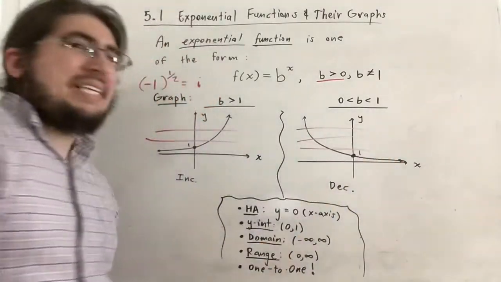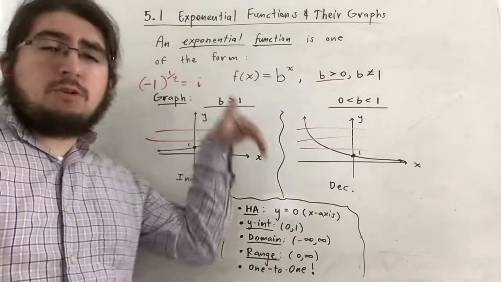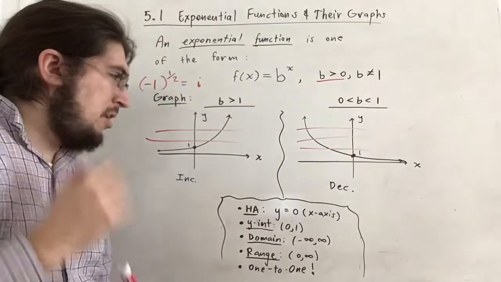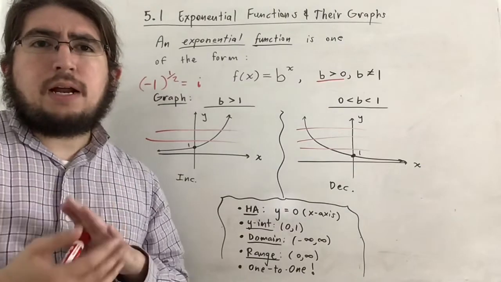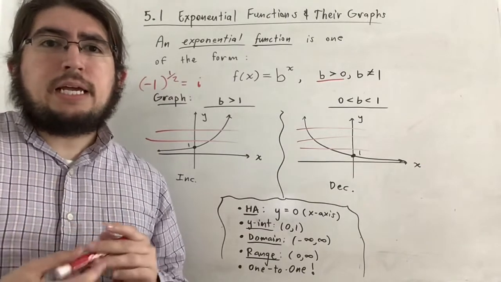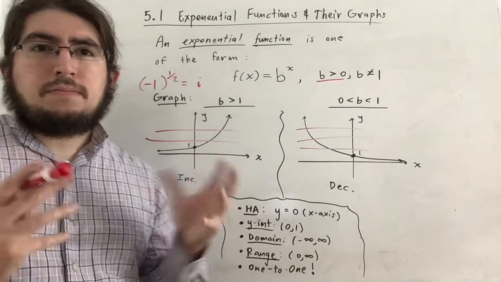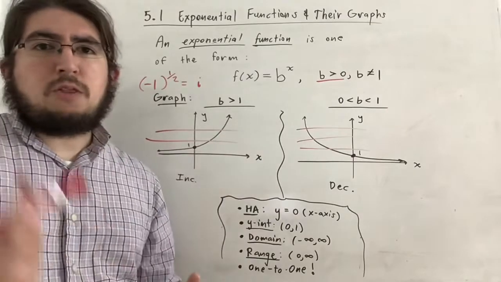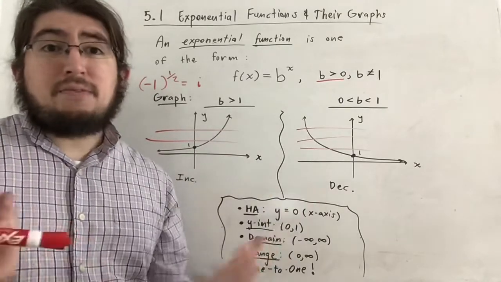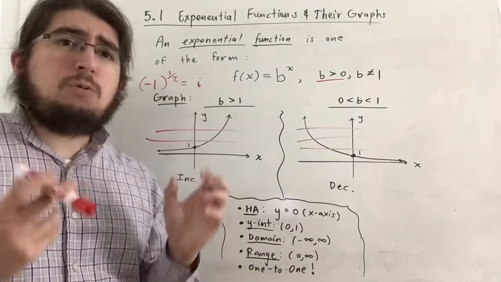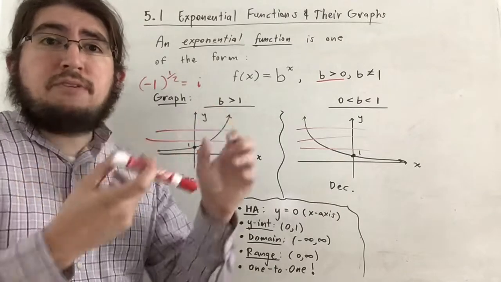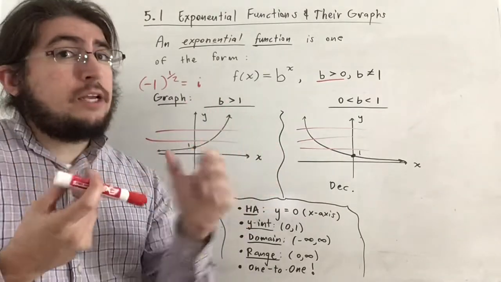Now, why that's the case is because it's either purely increasing or purely decreasing. There are ways of proving this with calculus, but a non-calculus way of viewing this is to pick a base, either bigger than 1 or less than 1, let's say like 3 or 1/2, and see what happens when you take that number to different powers. So you're not changing the base, you're changing the power.